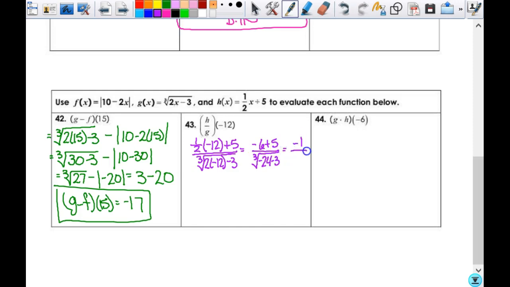It gives me negative 1 over the cube root of negative 27. So negative 1 over the cube root of negative 27 is negative 1 over negative 3. So this becomes a positive 1/3, and that is h divided by g of negative 12.